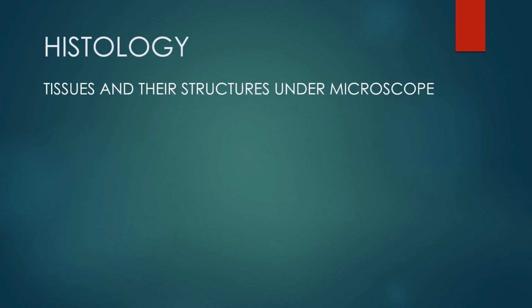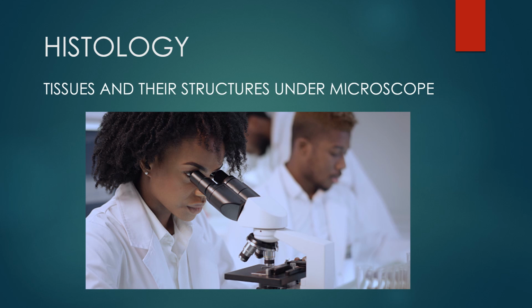Up next is histology, which is basically the study of tissues and their structures with the aid of a microscope. My class wasn't opportune to use microscopes for histology. Instead, we had pictures of different tissues displayed for us on LCD screens in the lecture theaters.